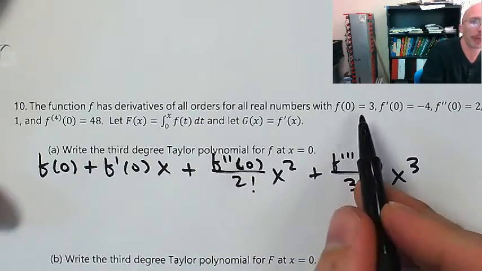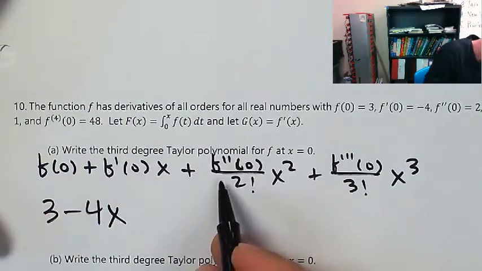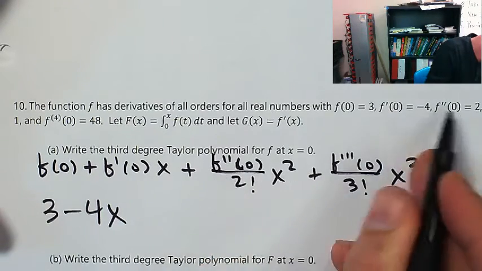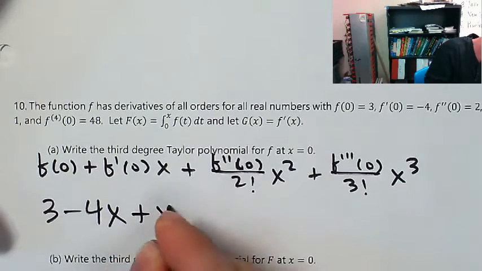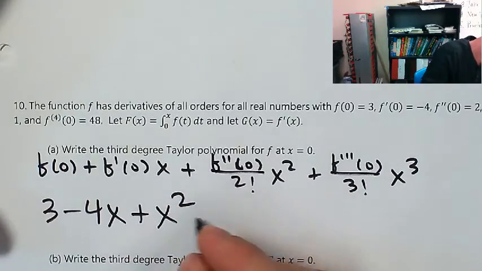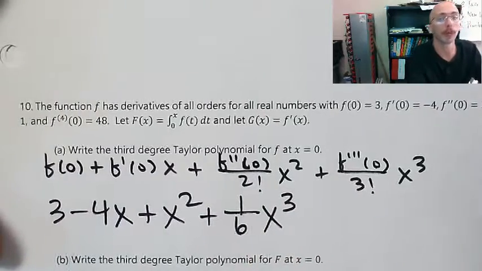And I just fill in the numbers. 3 minus 4x plus, what was f double prime? That's 2 over 2 factorial is 1x squared. Triple prime is 1, so that's 1/6 of x to the 3, and that's my 3rd degree polynomial.